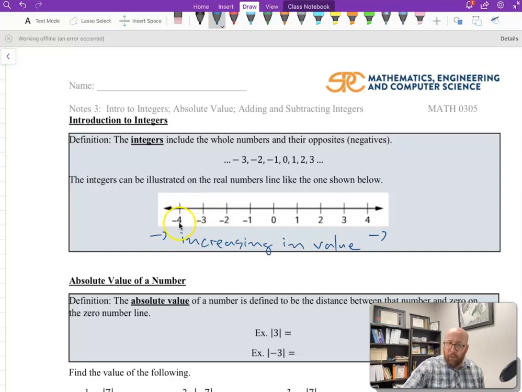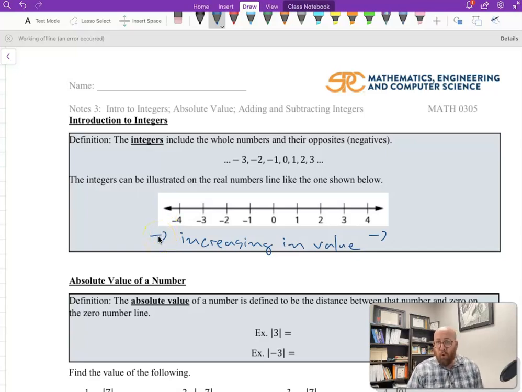It's important to realize that even when you start here at the negative, -4, -3, -2, -1, they are increasing in value. Yes, we say that 4 is greater than 3, but when you're talking about the negative numbers, -3 is going to be greater than -4. The numbers are increasing in value on the number line from left to right.